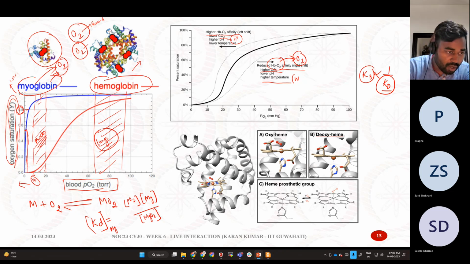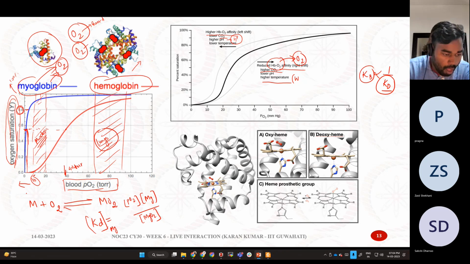Okay, so for myoglobin, the half saturation is here. However, for hemoglobin, the half saturation is somewhere here. It means the hemoglobin will have a KD value of around 40 torr as per this graph.